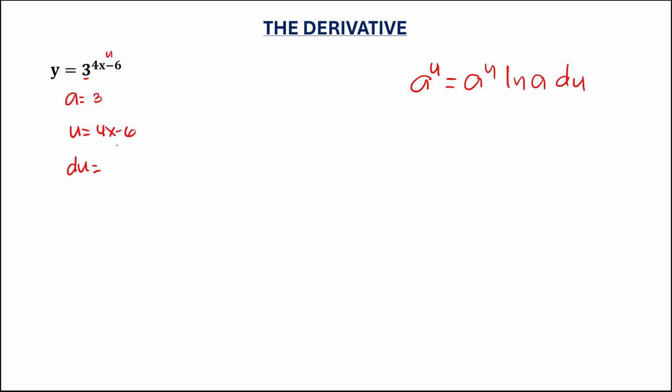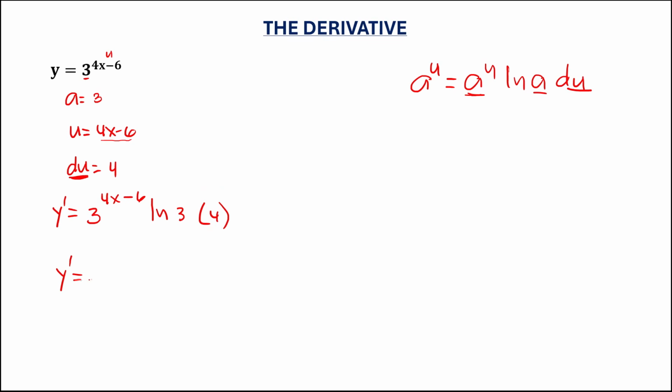The derivative of 4x minus 6 is 4. Then to find the derivative, copy first the given, 3 to the power 4x minus 6, then ln a, which is ln 3, then times du, and du is 4.